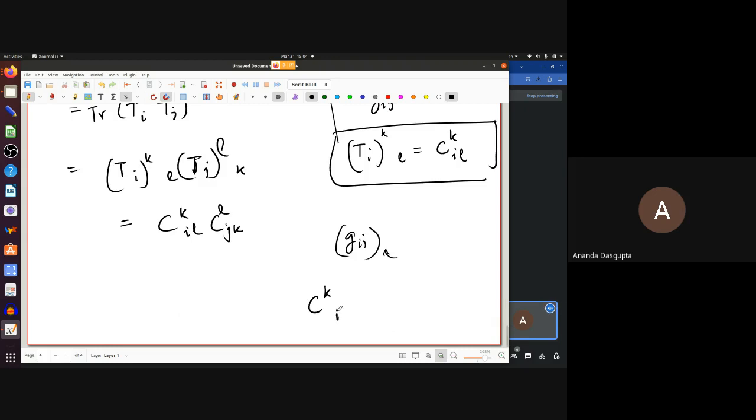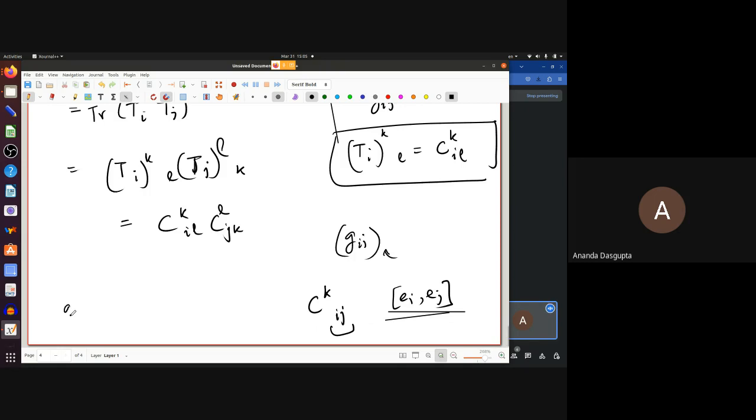What kind of symmetry properties do you know about C^k_ij? Antisymmetric in i and j. No problem. No such thing with k, right? k is something entirely elsewhere. It has to be antisymmetric in i and j because it's the bracket of e_i and e_j which gives rise to this. Antisymmetry of the bracket makes it automatically antisymmetric in ij.